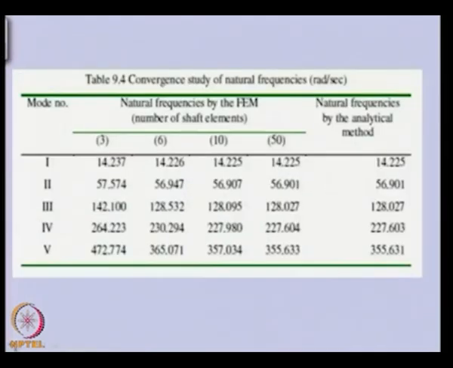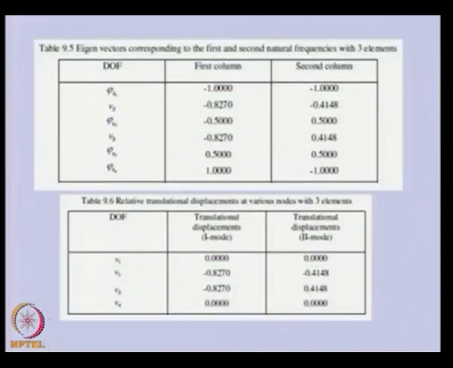Now once we obtain the natural frequency, let us see how we can get the mode shape. In mode shape, basically the eigenvector, because we will be getting eigenvalue as well as eigenvector if you are using any software for this. So eigenvector stacking will be like this.